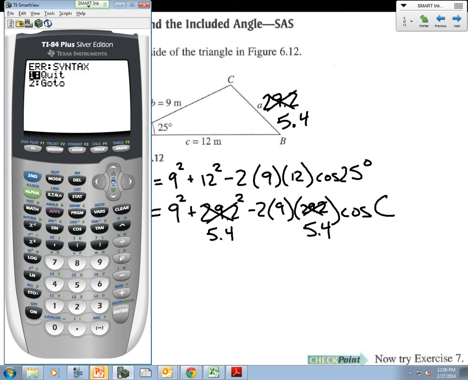Oh, 5.4, not negative 4. Negative 0.348, inverse cosine of that. And we get 110 degrees.